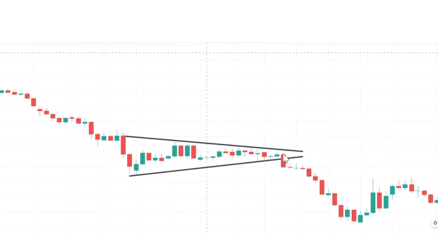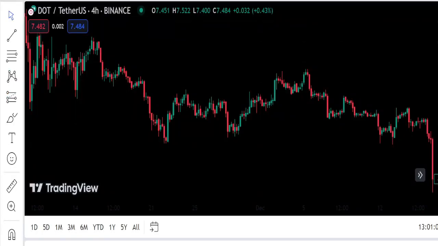So let's also see this on a live chart. Once again, here is a chart where we would like to spot our bearish pennant.